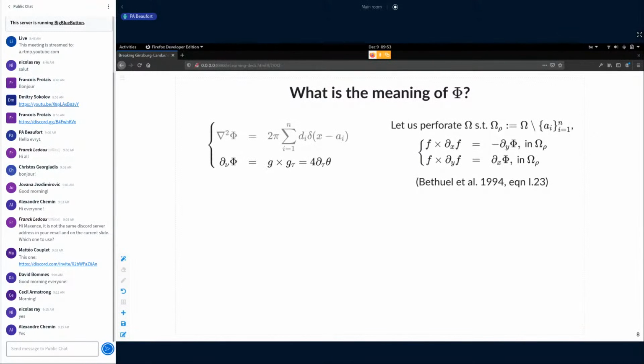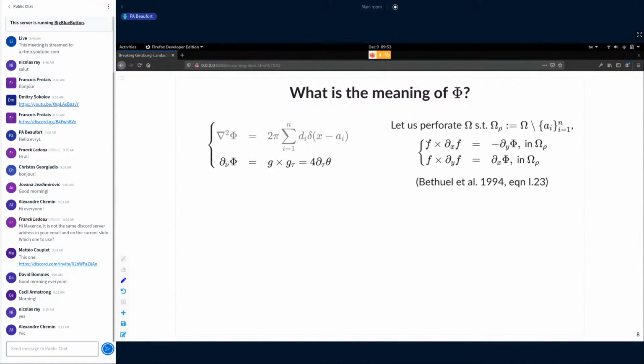So the critical points are not there anymore, and you are not going to break the topological constraint since you change the topology of your domain. And so you extend this boundary condition into the perforated domain.